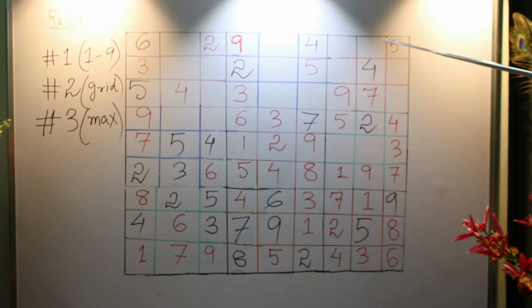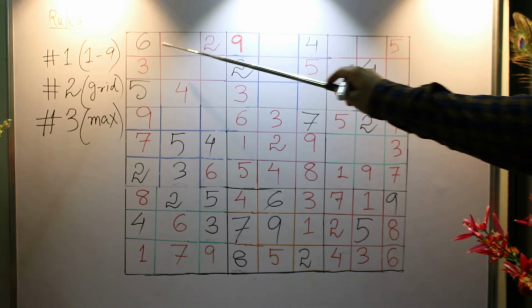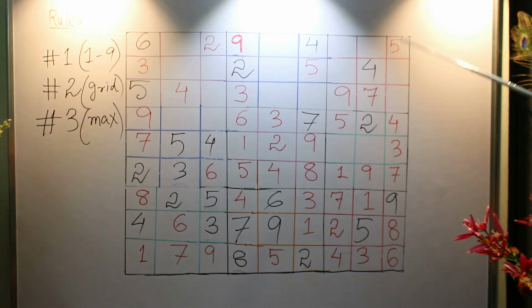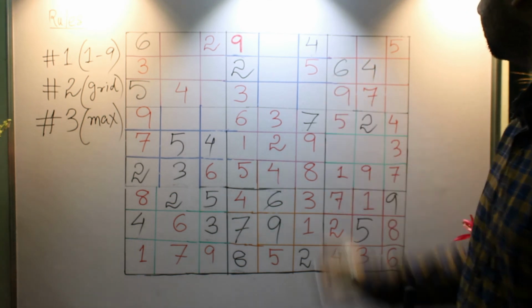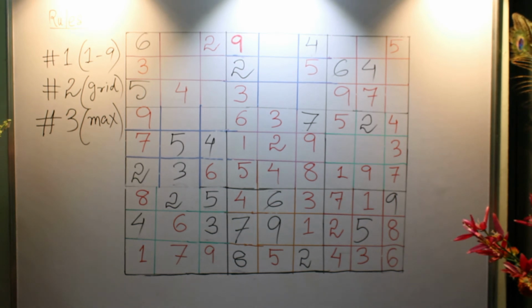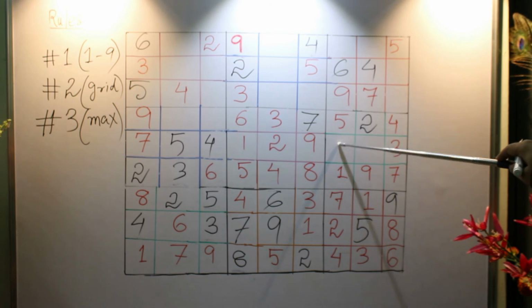Okay. Now come to this grid. We cannot place 6 here because of this 6. We cannot place 6 here because of this 6. So the only place where I can put 6 is this. Clear? Okay. Now you see, in these two boxes, 6 has to be there anywhere.